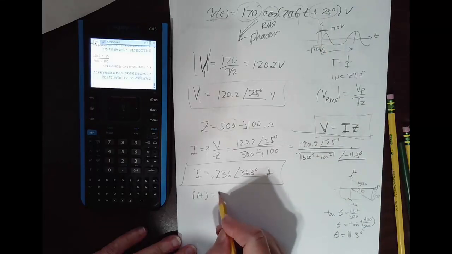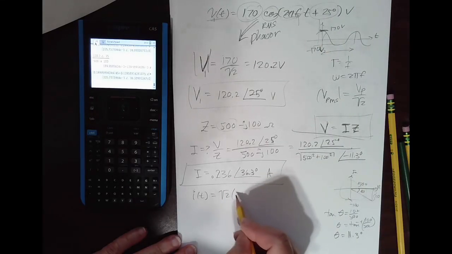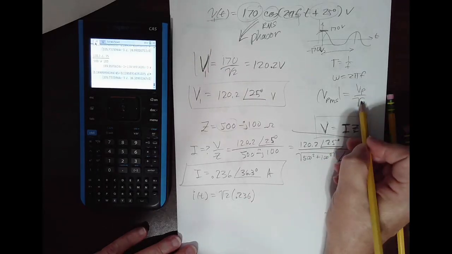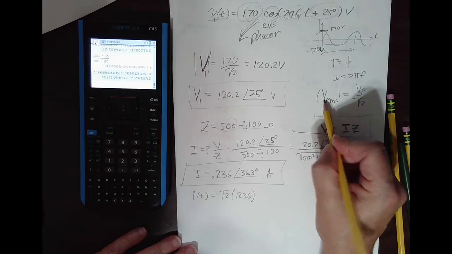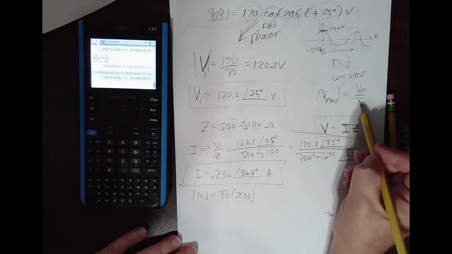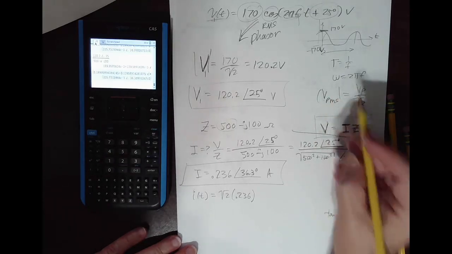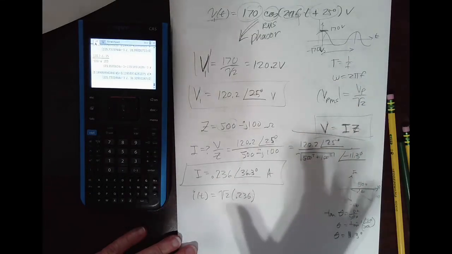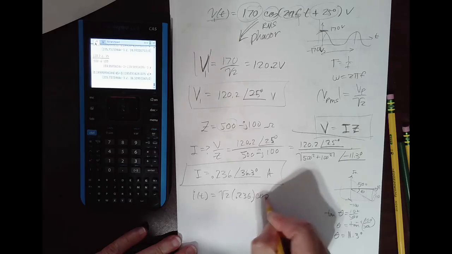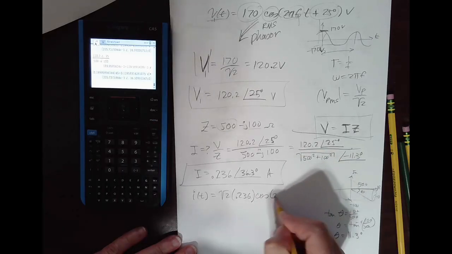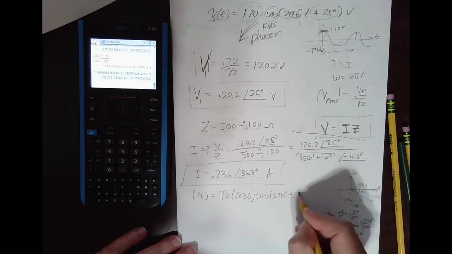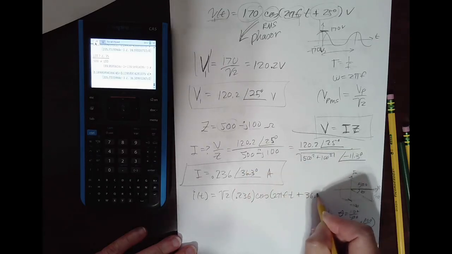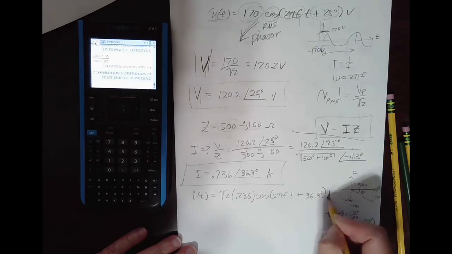And so we've got to multiply by the square root of 2 times 0.236. V peak is square root of 2 times V RMS, or I peak is square root of 2 times I RMS. This is just a general relationship between RMS and peak values, whatever the variable is. Cosine of omega t, or 2 pi f t, plus the phase angle just goes right in, 36.3 degrees. And this will be amps.